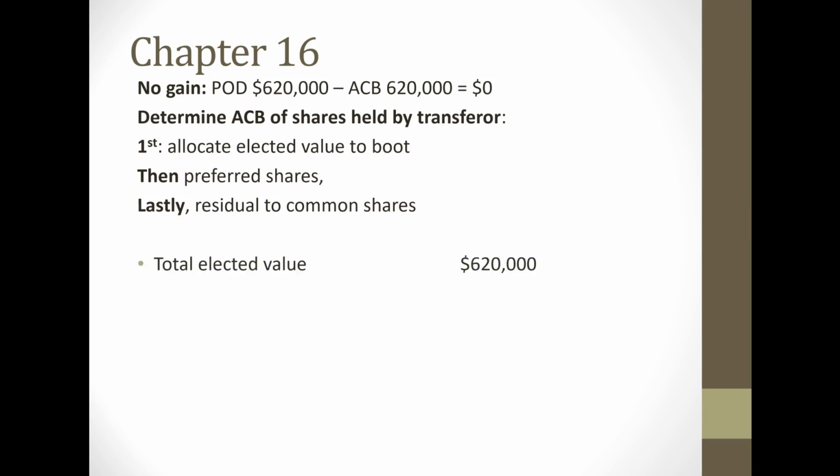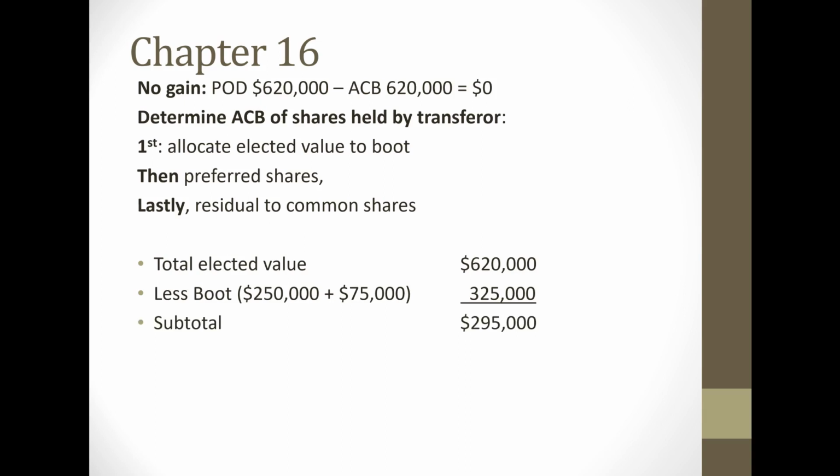The elected value was $620,000. The boot, or the non-share consideration, was $325,000. So those two debt amounts will get a total of $325,000 allocated to their cost or value. And the residual amount of $295,000 will first be allocated to the preferred shares based on the fair market value of $225,000.